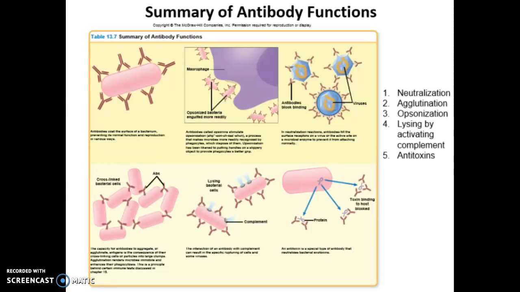And then there is opsonization. Opsonization is diagrammed here, where the antibody simply binds the bacteria's surface. All right, again, you're seeing it attached at both antigen binding sites here.